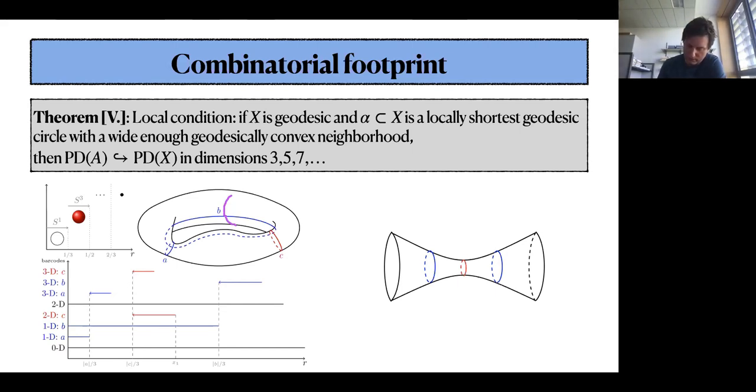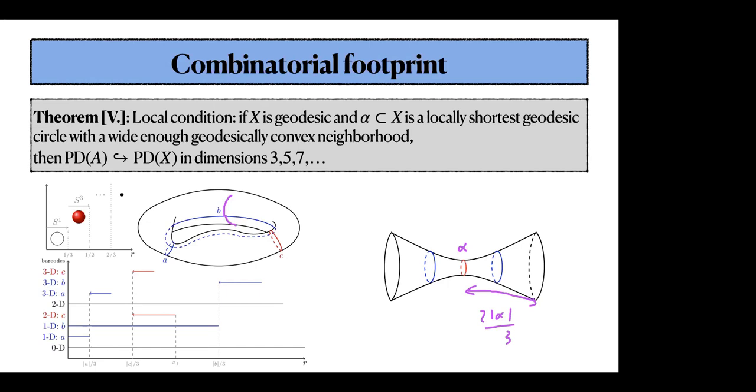If this is alpha, I'm guessing it's something like 2 alpha divided by 3. It just felt at that time that twice the length of beta divided by 3 is just not as big as this one. I see. Okay, thank you. Yeah, thanks.